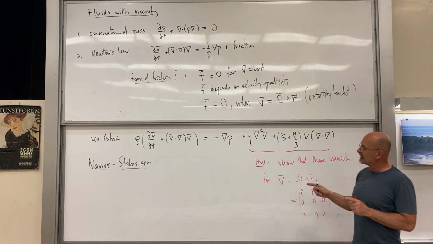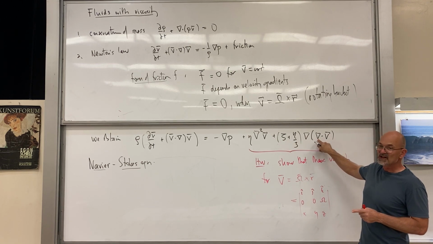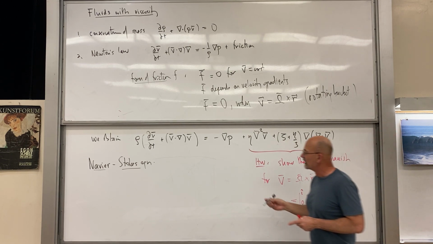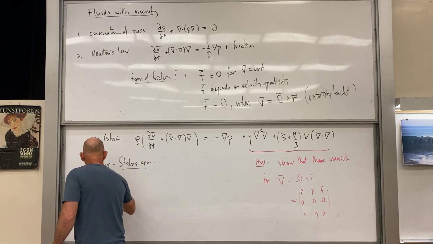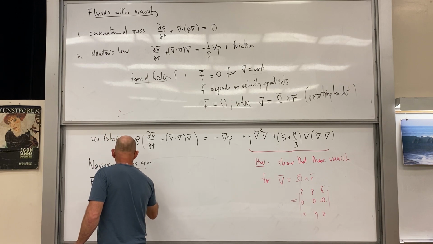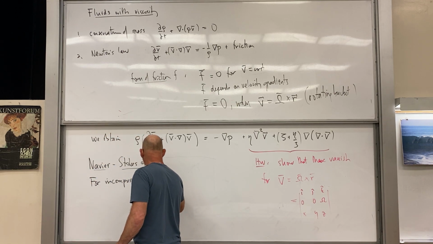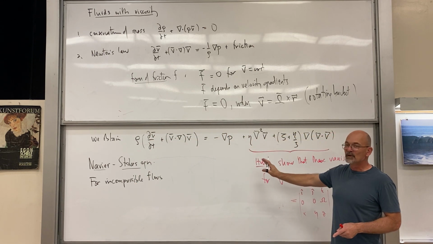We're going to now restrict ourselves to the case where the divergence of V vanishes, the incompressible flow. So for incompressible flows, incompressible fluids, I'll write flows though. That's something we haven't gotten into. What counts as incompressible?